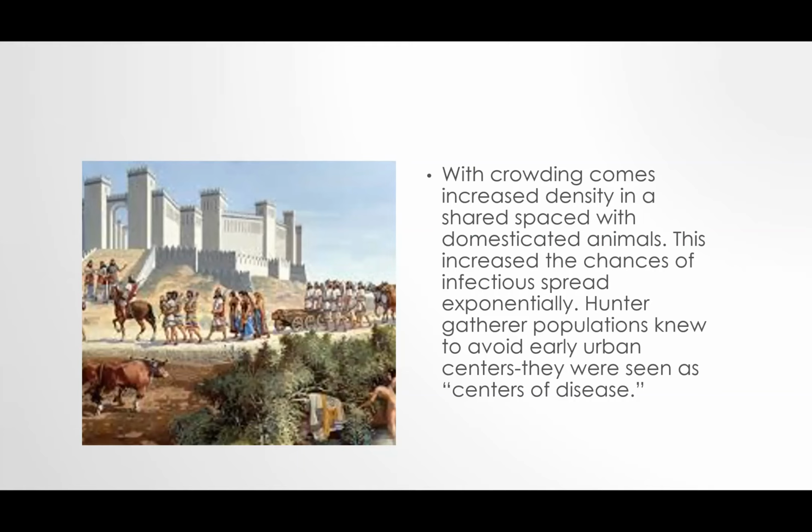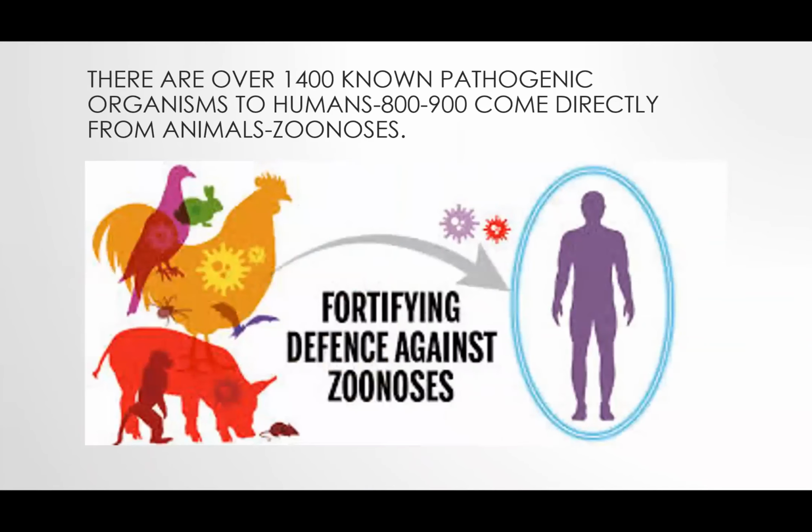Hunter-gatherer populations knew to avoid early urban centers. They were seen as centers of disease. There are over 1,400 known pathogenic organisms to humans. 800 to 900 come directly from animals. They're called zoonoses.